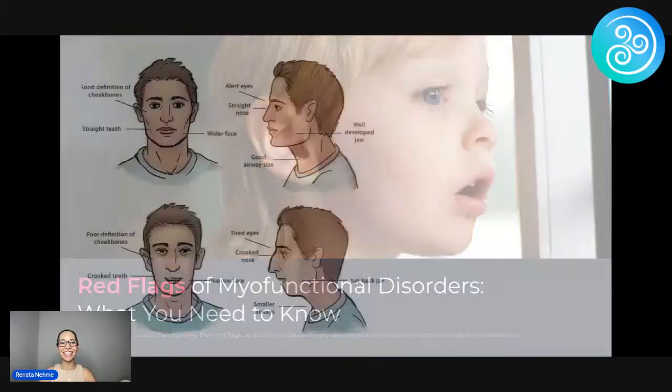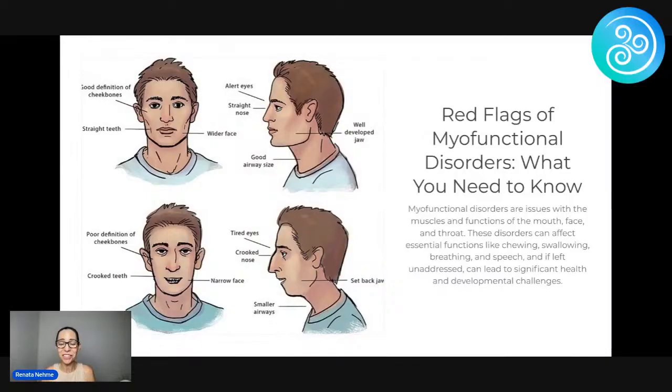All right, here we go. So what are some of the red flags of myofunctional disorders? Let's talk a little bit about what we need to know. If you're new around here, myofunctional disorders are issues with the muscles and functions of this whole area right here. So we're talking about the mouth, the face, the throat, muscles. These disorders can affect essential functions like chewing, swallowing, breathing, and speech.